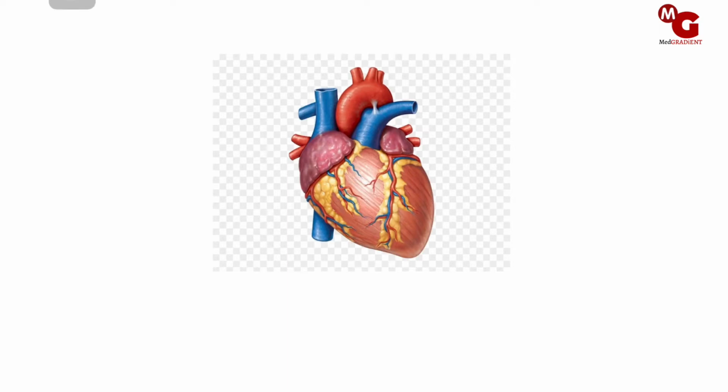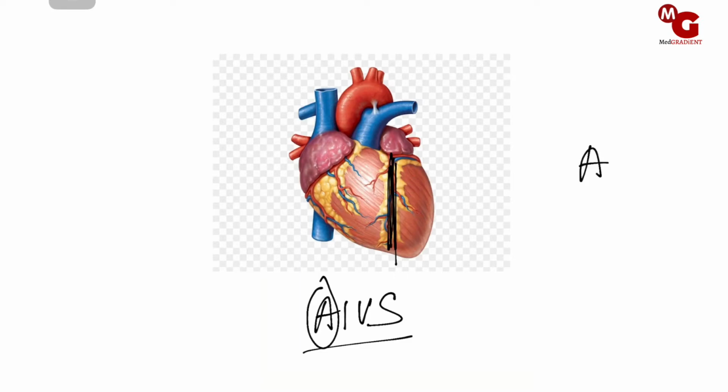For example, just look at the screen. This part over here is called the anterior interventricular sulcus. Why is it called anterior? Because this part of the heart is anterior.